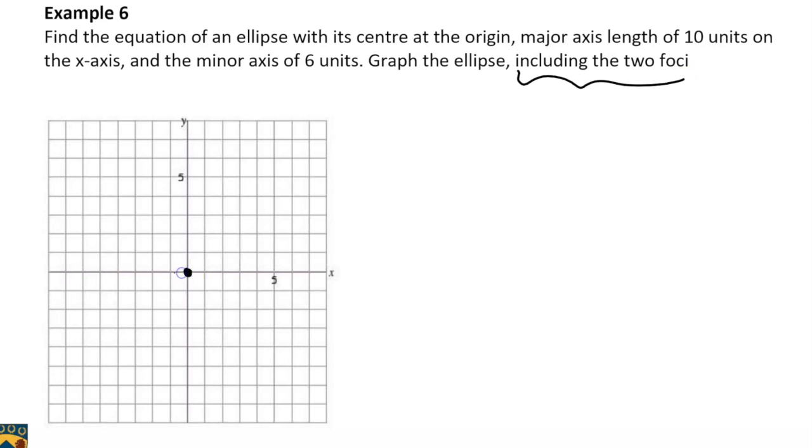So we have the point (0, 0), and from here they're going to say that we're going to have a major axis of length 10 units, which means I would go 5 to the right and 5 to the left. And it also means that our minor axis is 6 units, so you go up 3 and down 3. And based off of that, let's draw this in here.